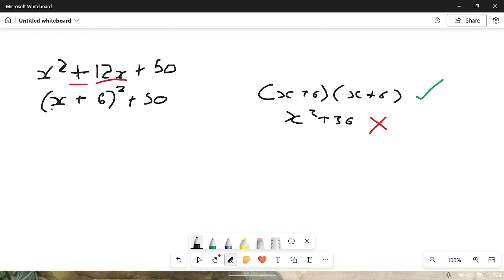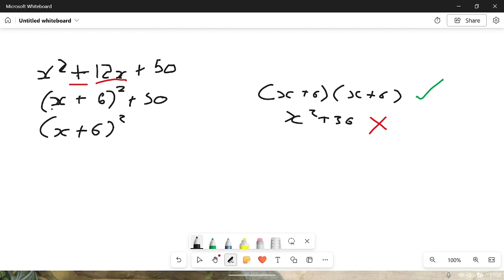However, the problem that we have here is this x plus 6 squared is going to give us a result of 36 on the end. It's not just going to give us x squared plus 12x, it's also going to give us a 36. So to counteract that, we simply minus 36 from outside the brackets.